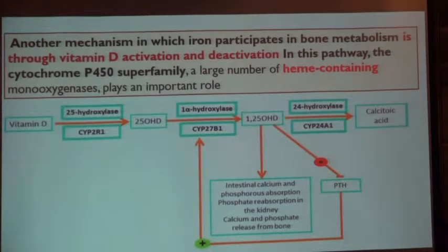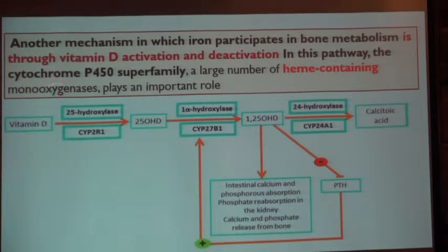Another important mechanism is that iron participates in vitamin D activation and deactivation. In this pathway, the cytochrome P450 superfamily, a large number of heme-containing enzymes, play a critical role. As we know, vitamin D activation occurs through two important steps of hydroxylation.